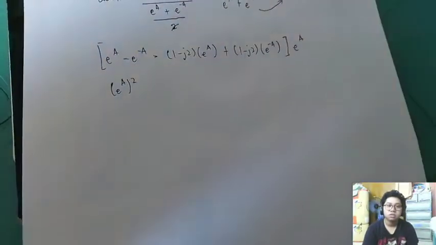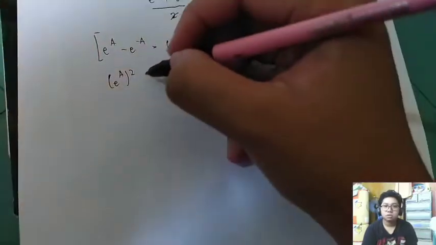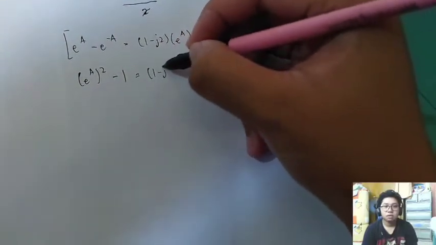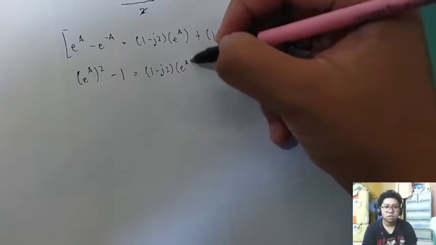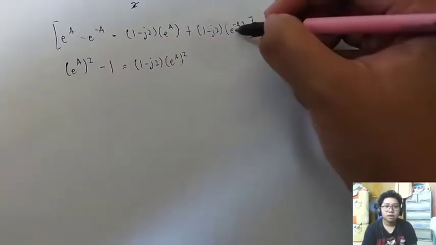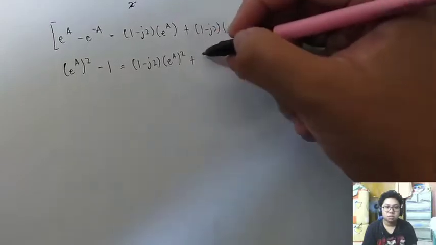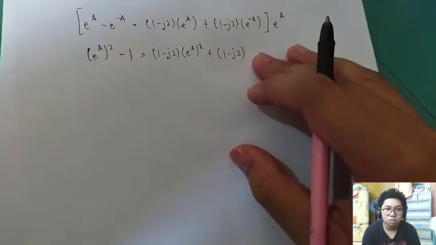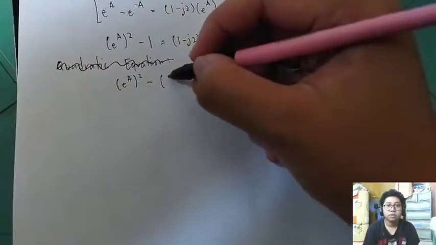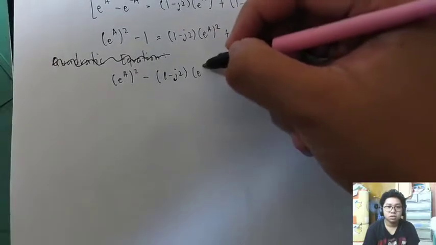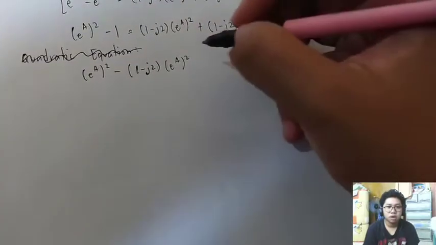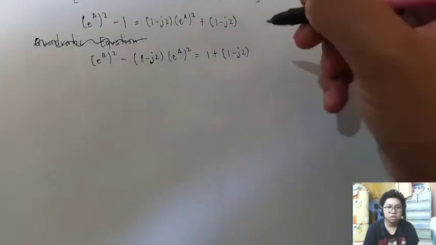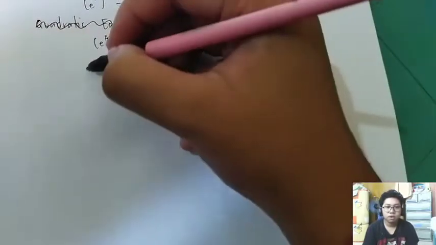That is e raised to a squared minus e raised to 0 equal to 1 minus j2 times e raised to a squared plus 1 minus j2 times e raised to 0, that is 1. Then we will transpose, that is e raised to a squared minus 1 minus j2 times e raised to a squared equal to 1 plus 1 minus j2.